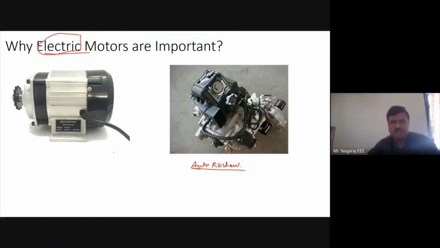That makes electric motors more user friendly when compared to other devices giving mechanical output. The beauty of electricity is that it can be generated anywhere and utilized anywhere else.